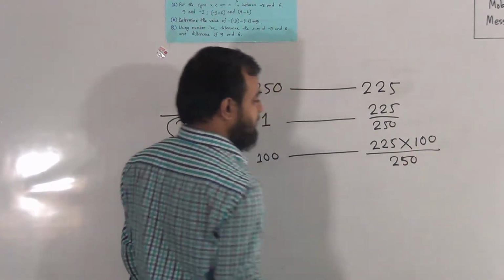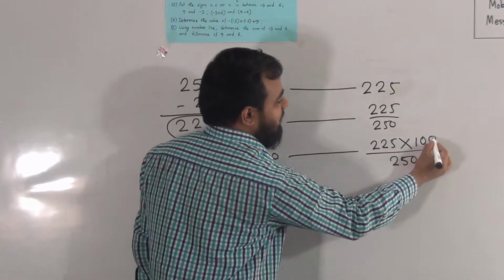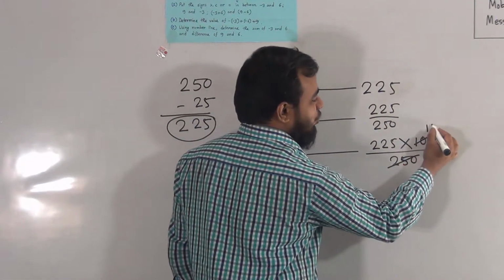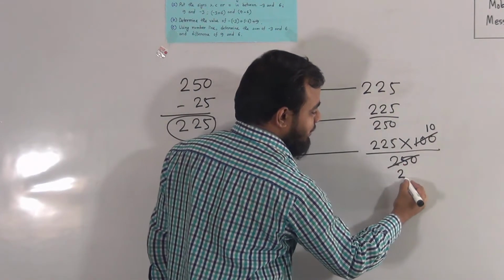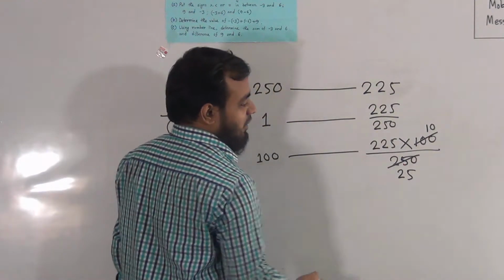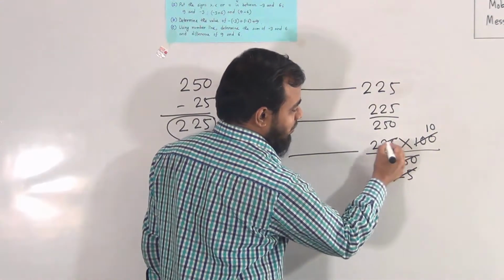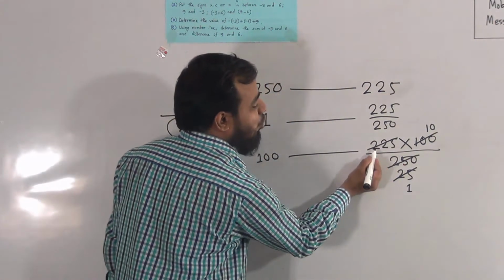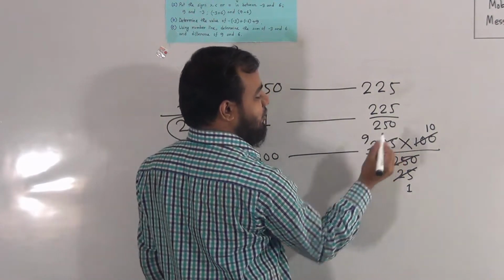So out of 100, how many mangoes are quite good? It's 225 multiplied by 100 divided by 250. Now we can cut down this 100 and 250 by the same number, 10. 10 goes 10 times in 100, 10 goes 25 times in 250. Now 25 and 225 can be cut down by 25. 25 goes 1 time in 25 and 25 goes 9 times in 225.